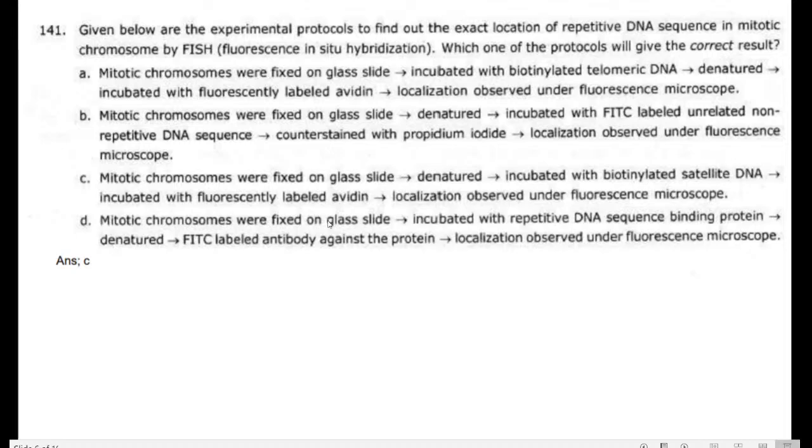So the avidin addition is only for the bound biotinylated satellite DNA with the mitotic chromosome. This localization is observed under the fluorescence microscope. Localization observed means that complex: the mitotic chromosome, biotinylated satellite DNA, and avidin.